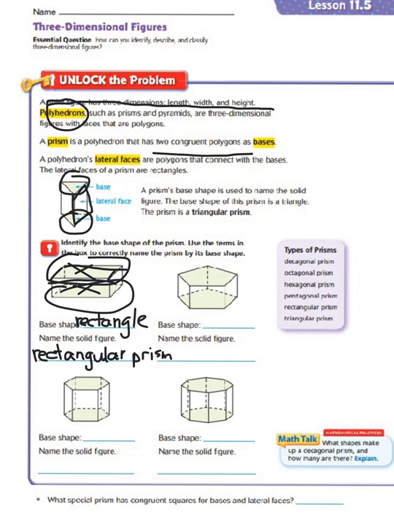Now, let's look at the next shape. Our next shape has 1, 2, 3, 4, 5 sides for its base. So we know that 5-sided shapes are called pentagons. So its base shape is going to be a pentagon.